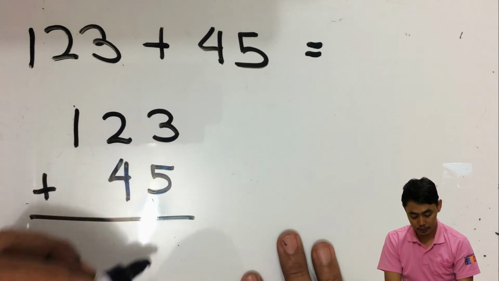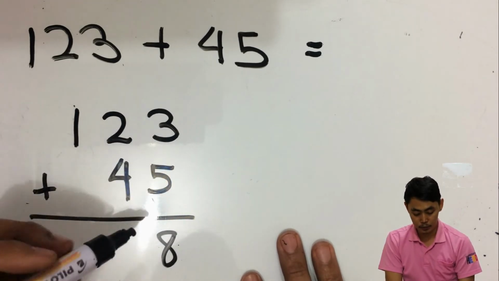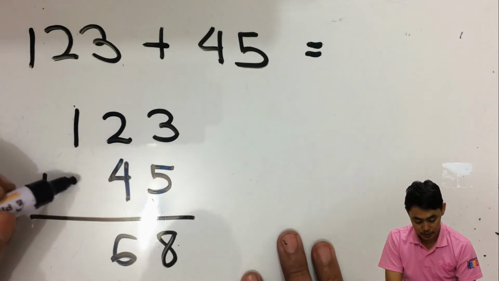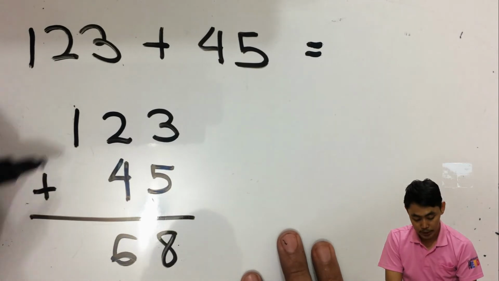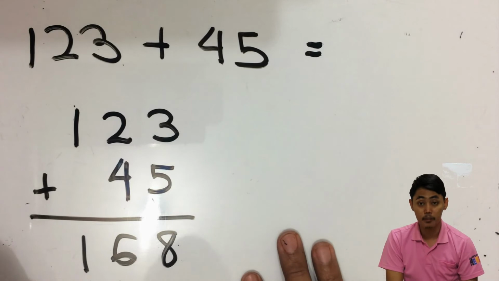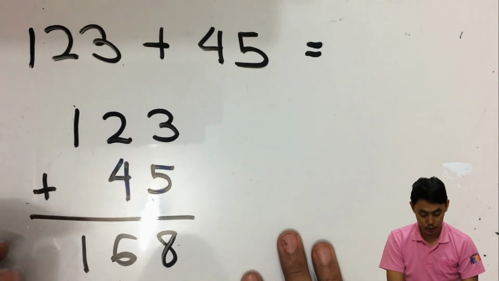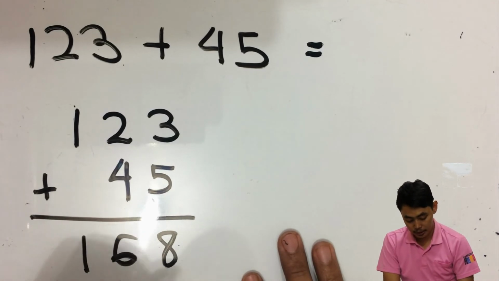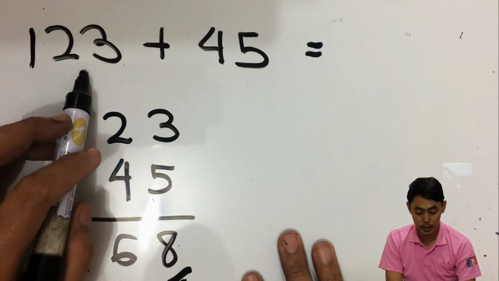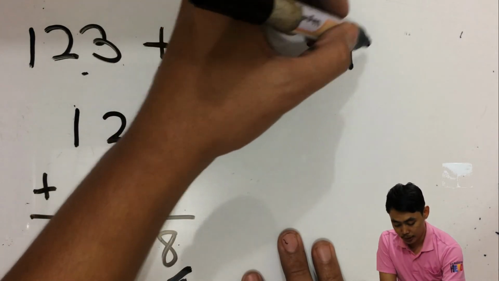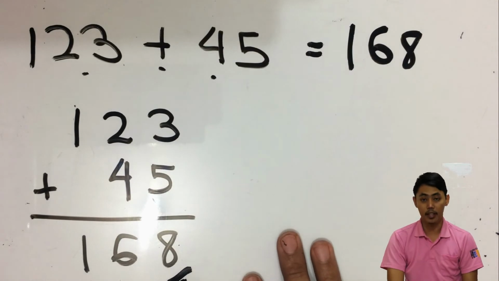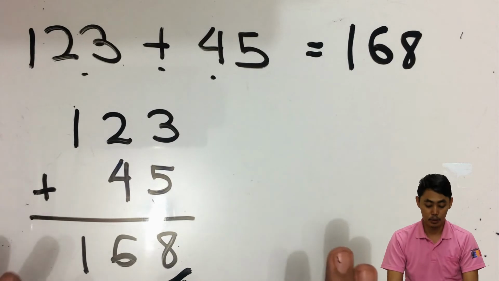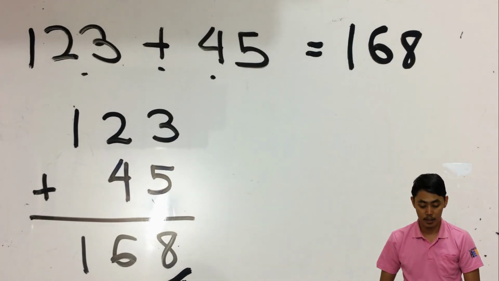So 3 plus 5, that is 8. 2 plus 4, that is 6. And since we don't have any number here, we consider it as 0. So 1 plus 0, we will say 1. Or we can just say bring down 1 since there's no number indicated here. So the answer is 168. So 123 plus 45 is equal to 168. Okay? So that is how you will add numbers with 2 or more place values.